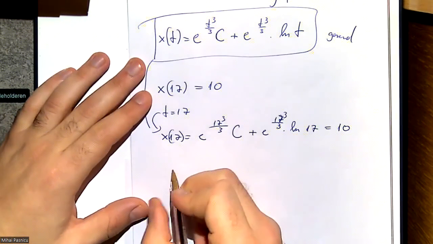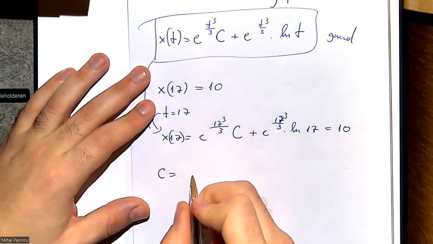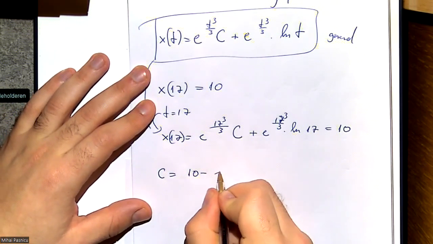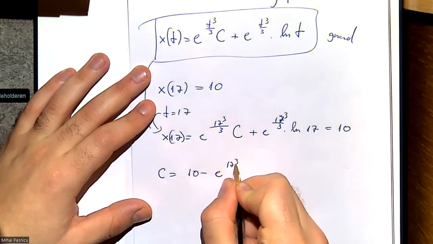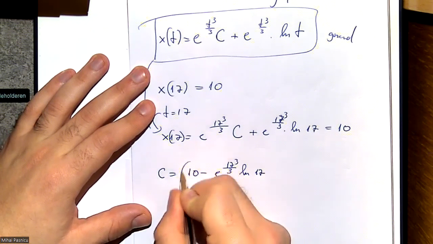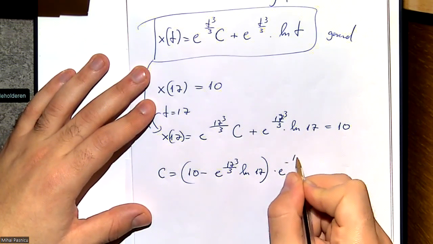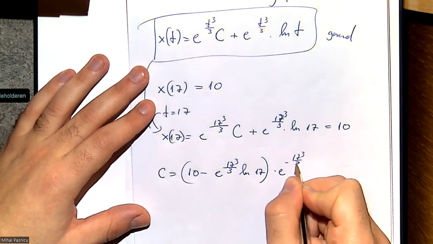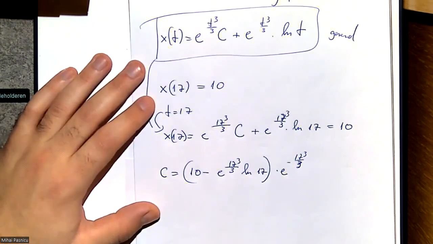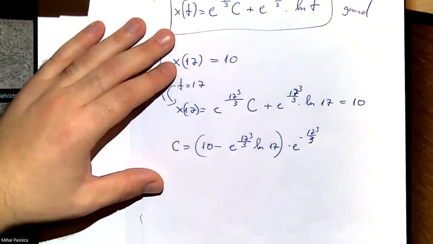So now I get the constant out. Constant is equal to 10 minus e to the minus 17 cubed over 3 ln of 17, times e to the 17 cubed over 3. Anyway, some ugly number. We don't care about it. Okay, really ugly number. This is the constant.